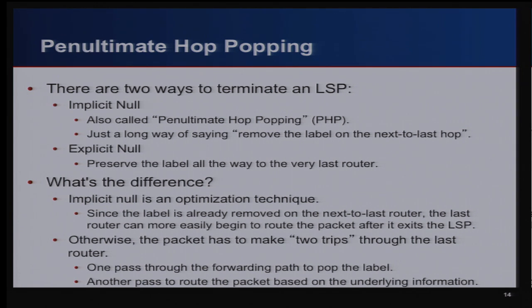And the reason for that is if you did an explicit null, if you made it stay in MPLS all the way to the end, then in most architectures, the final device would have to run the packet through its lookup engine twice, and so you're doing it as an optimization. But really, you can do it either way, and it's effectively the same thing. You're using MPLS to get to that final router, and it's what's making the decisions.